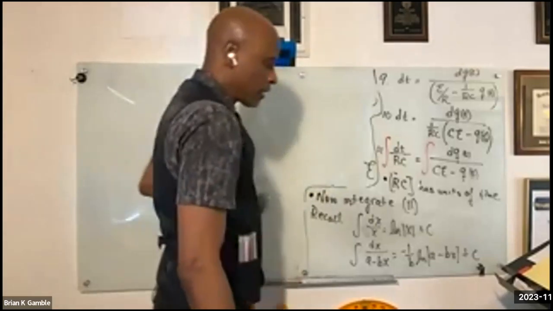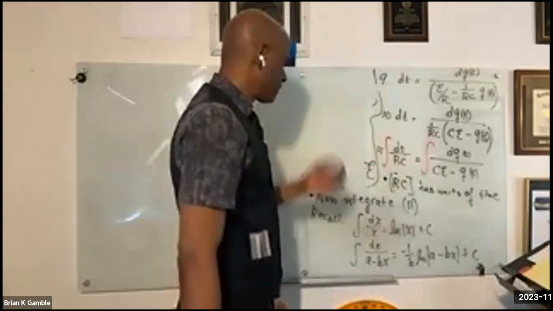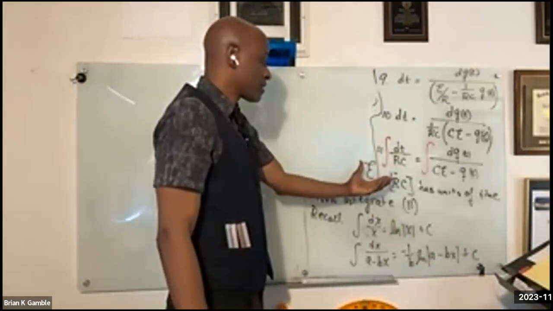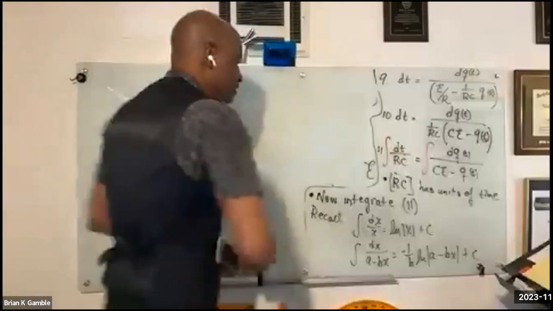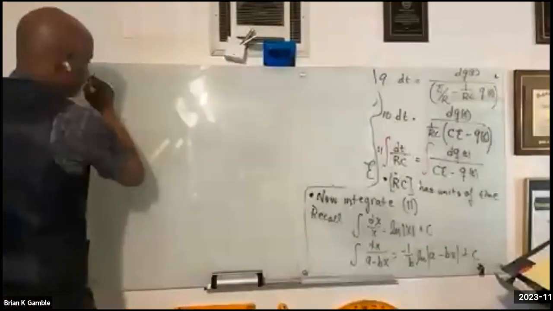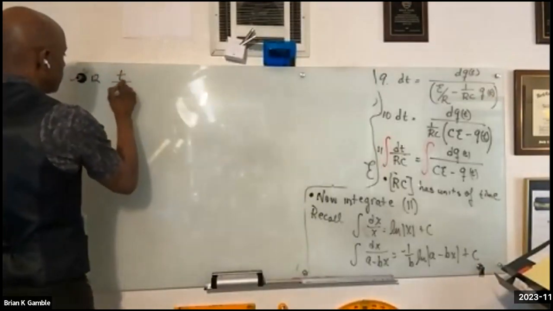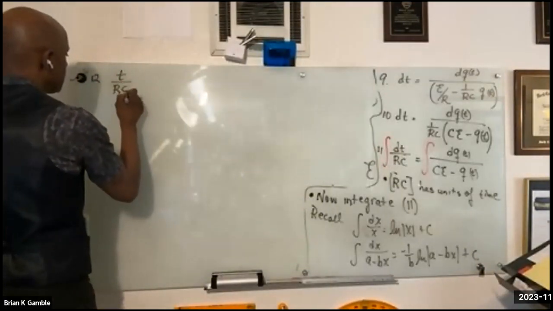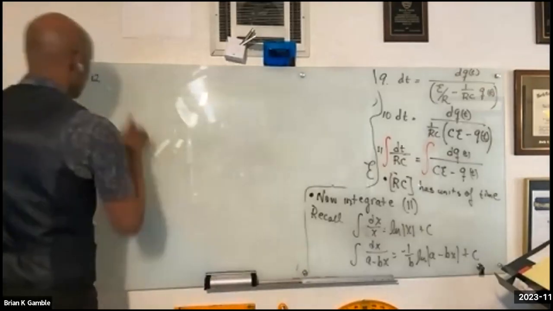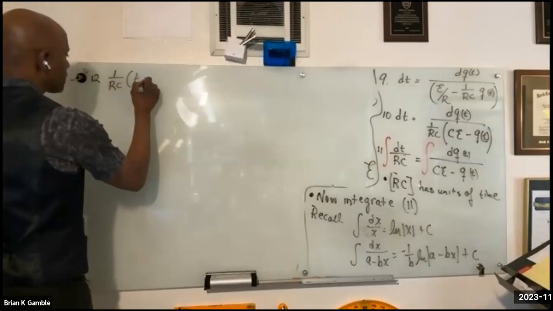Okay, so the left side then integrates to t plus a constant, and this R1 over RC, that's a constant itself, so it's outside. So the left side of the equation, I'm going to get T over RC. Now, it's really 1 over RC times T plus a constant.